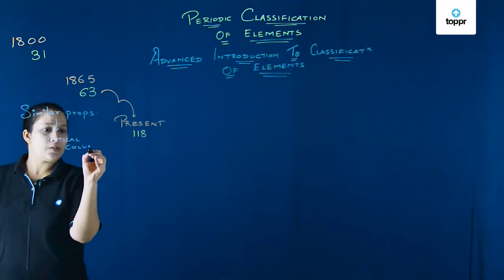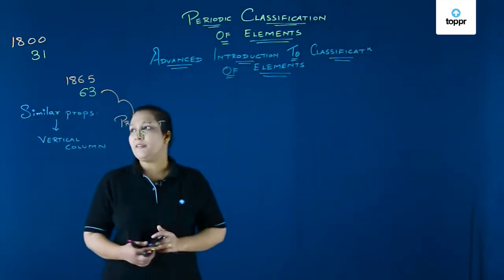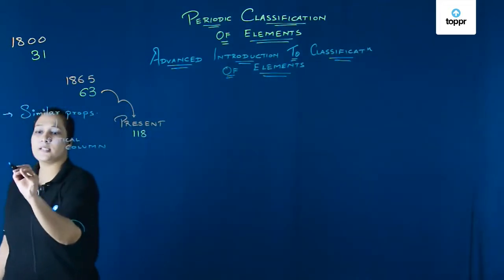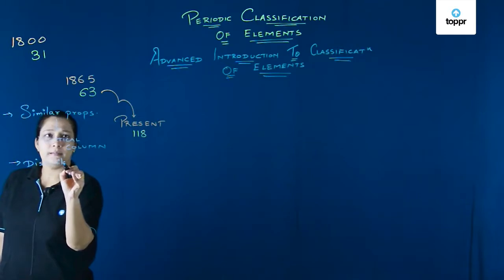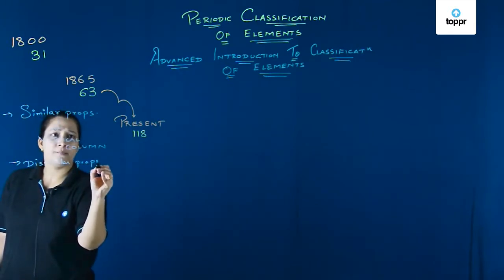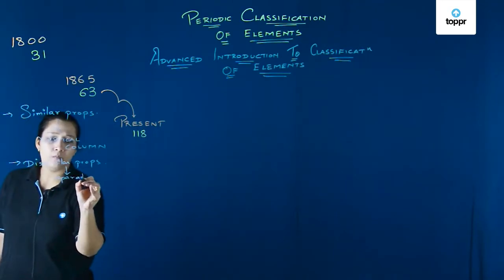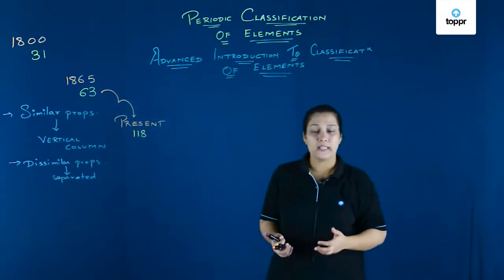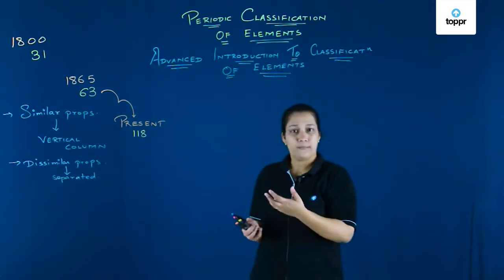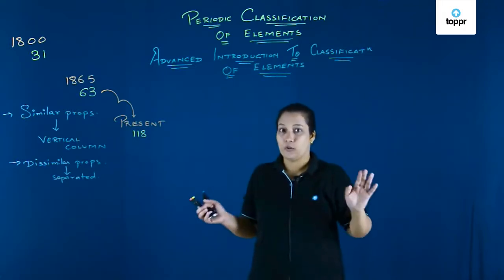That was an easier task to be done, and definitely the dissimilar properties were separated out. As I said, more than 10 to 15 people were involved in all these periodic arrangements, or simply arrangements, I would say. I wouldn't include the word periodic.